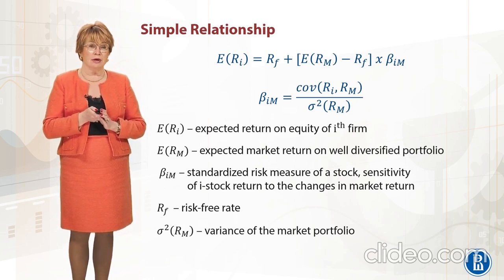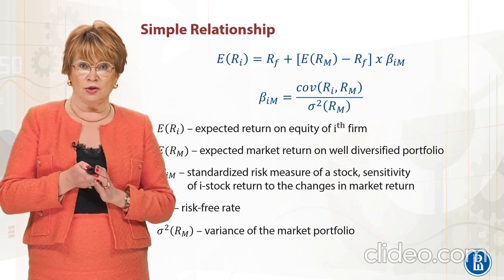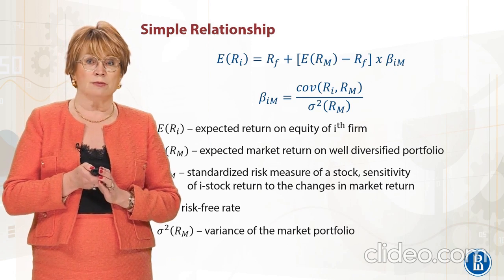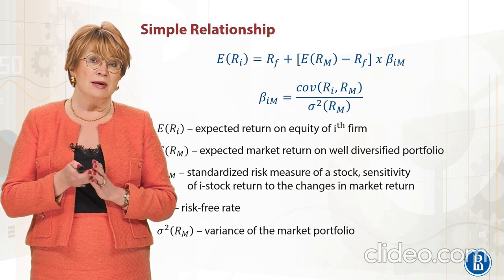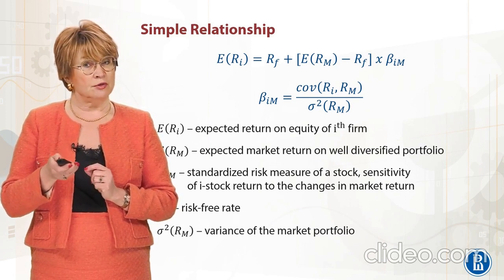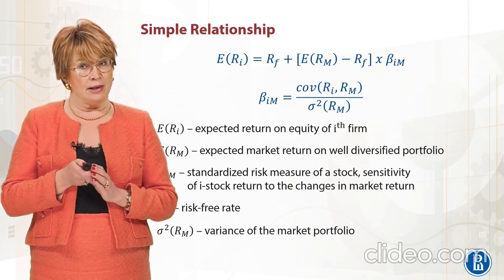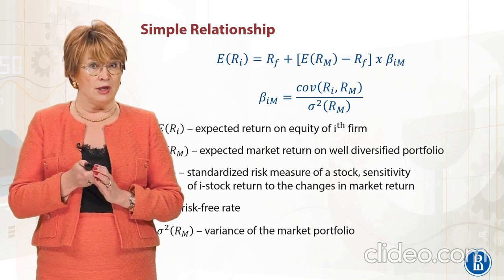So building the regression analysis, the analyst will get the sensitivity coefficient, which is a standardized risk measure of a stock's sensitivity to changes in the risk level of the well-diversified portfolio, which is the market rate of return.